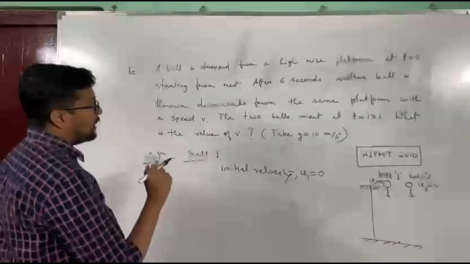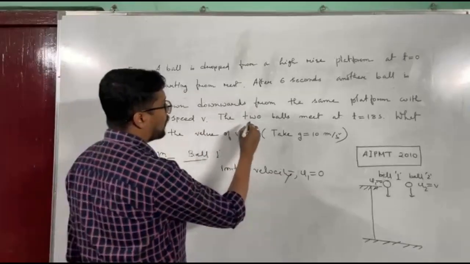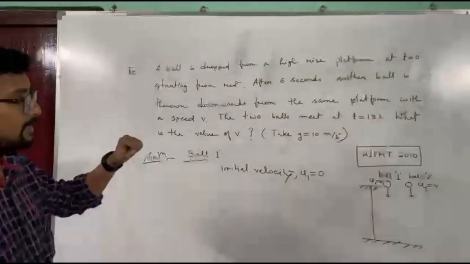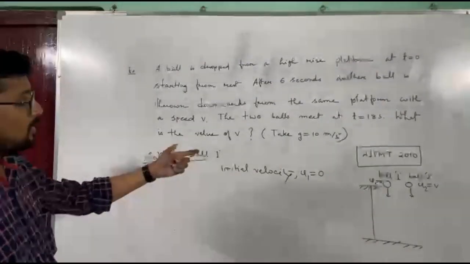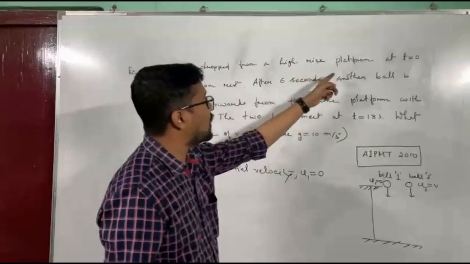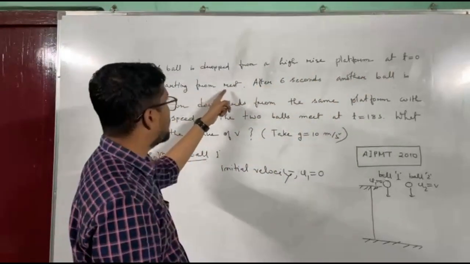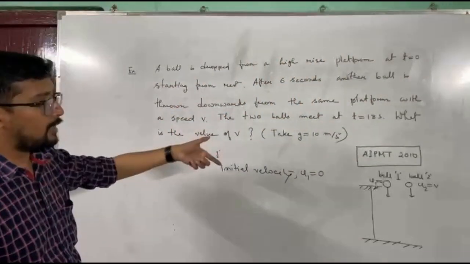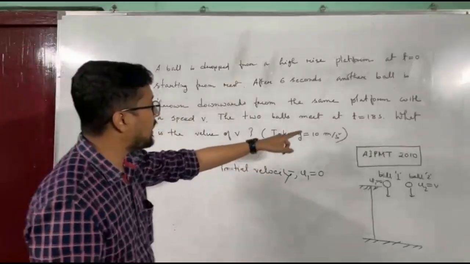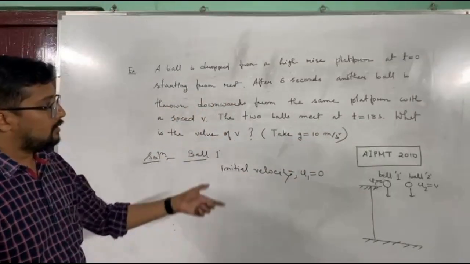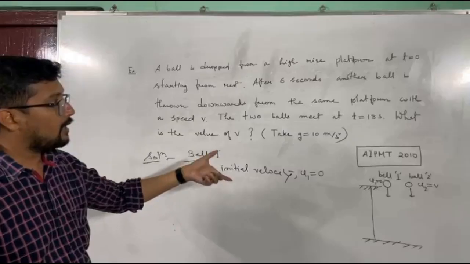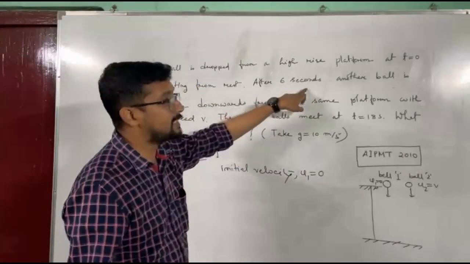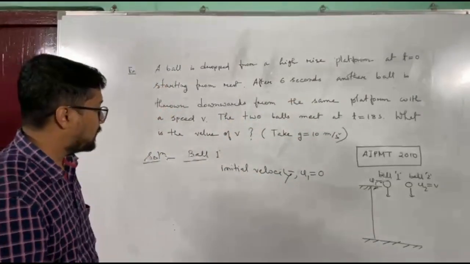Now what they have said is, the two balls meet at t equal to 18 seconds. So what we can understand from this is that, since the first ball was dropped from rest at t equal to 0 seconds, whatever vertical displacement ball 1 has covered in 18 seconds, that displacement will be covered by the second ball, which was thrown after 6 seconds.